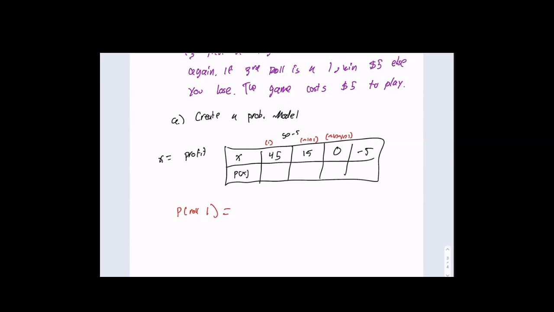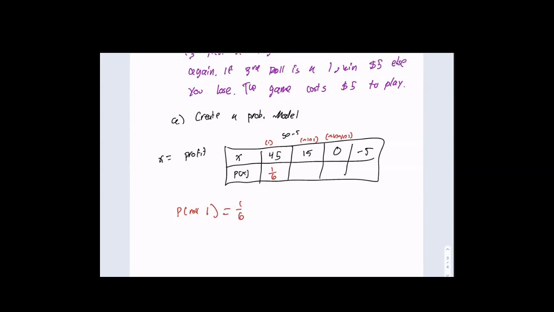Work with me, class. I want to get through these problems. It's 1 out of 6. There is a 1/6 chance of rolling a 1. There is one outcome that has a 1, and there are 6 different total outcomes: a 1, 2, 3, 4, 5, and 6.